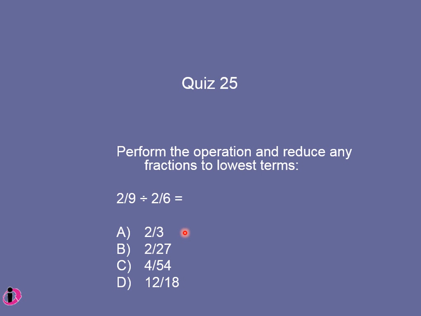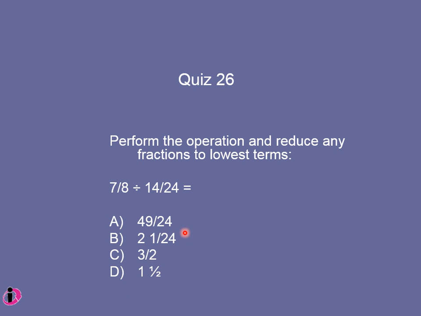Let's look at some more divisions. How about this one? 7 over 8 divided by 14 over 24. Seven over 8, not 18, I'm sorry, 7 over 8.